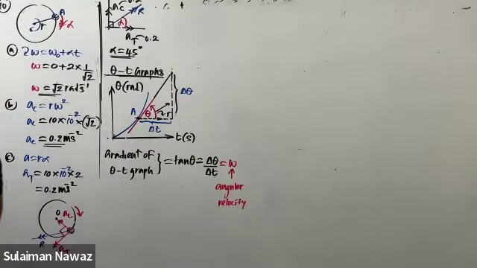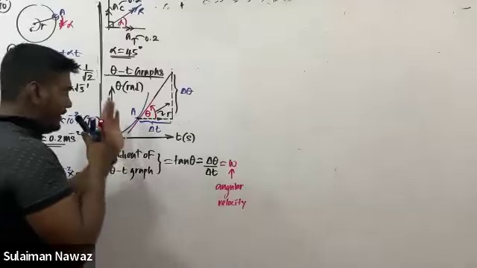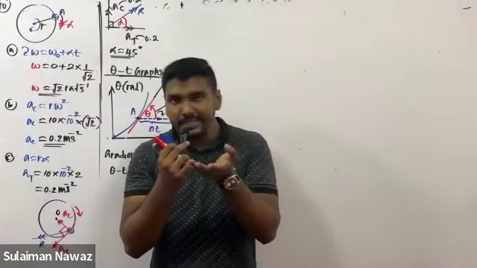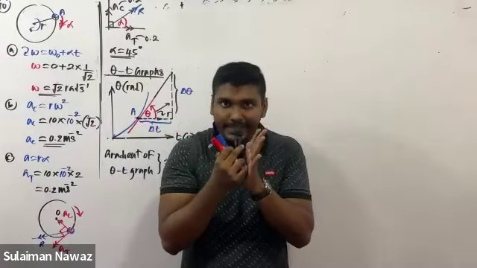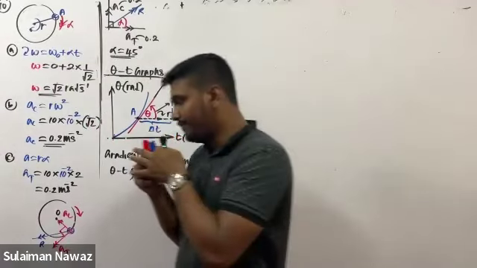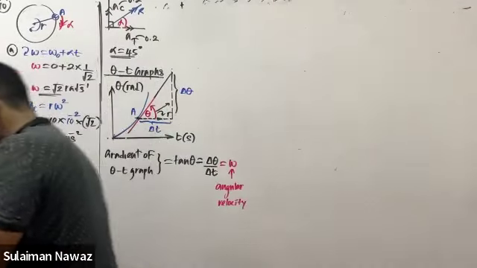Okay. So now we'll draw a few theta-t graphs and understand what will happen to the gradient and to the angular velocity of the rotating object. We'll draw three graphs and understand. Now graph number one for our understanding.